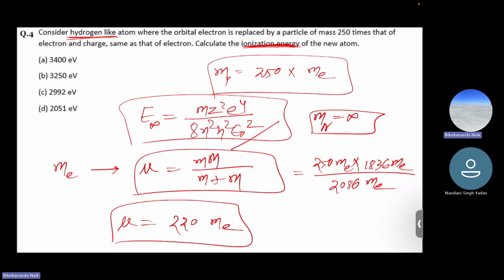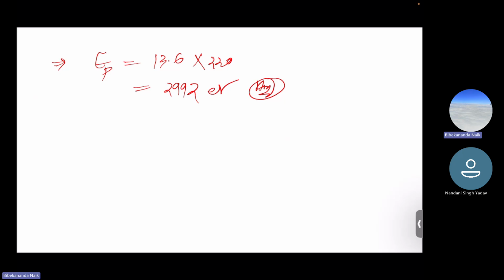So the correct answer will be option C, 2992 electron volt. I hope this is clear to you.